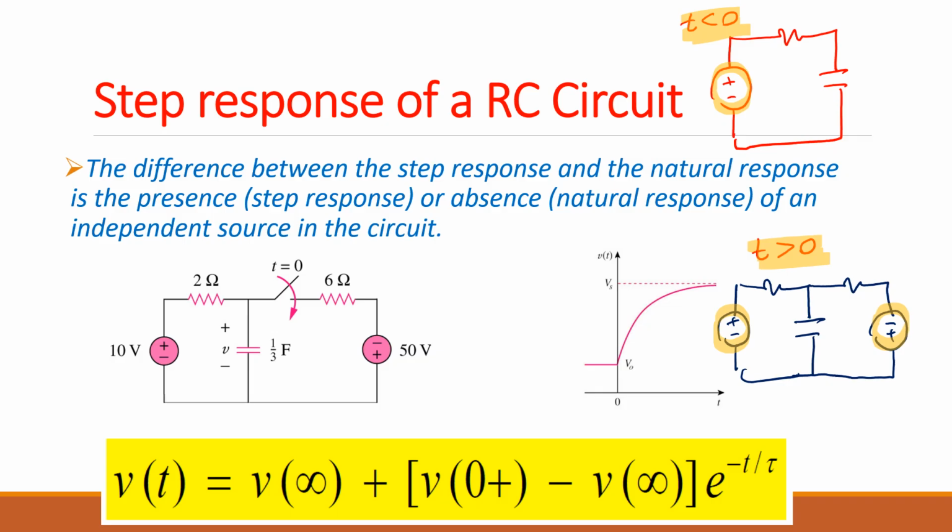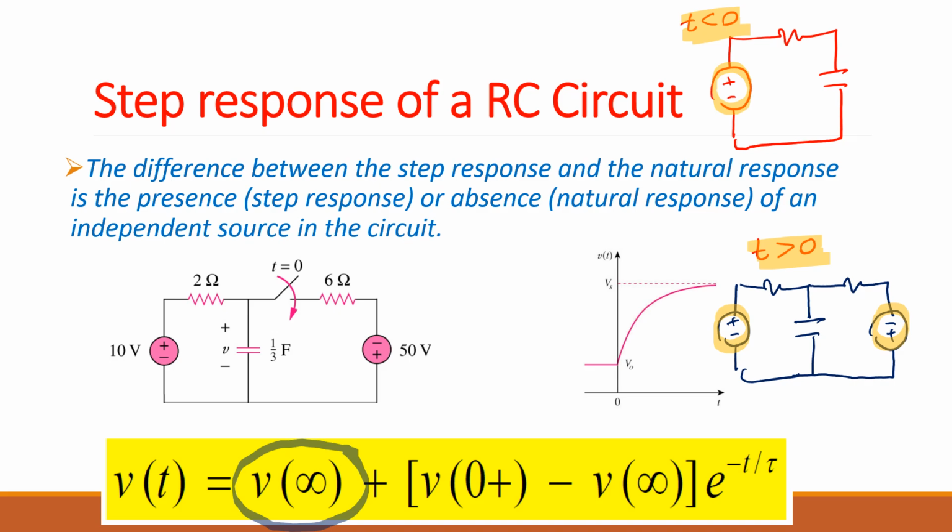So your capacitor is not fully discharged. It's not going to 0. It has some voltage across it. So here the equation that we are going to use is the one that you see here. You can see we have an additional term which is V infinite, because our capacitor is not going to 0.